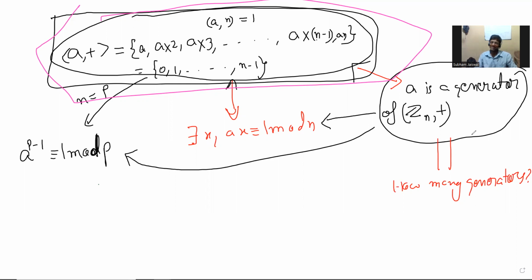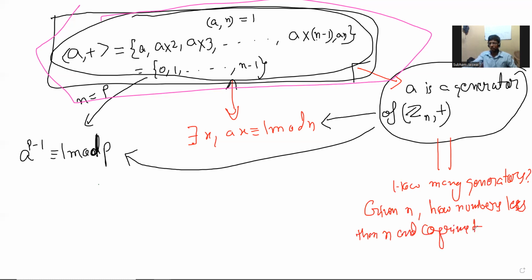For a number n, can you find a formula for how many generators? I'm just asking how many numbers are co-prime to n. That's all this question is, right? Given n, how many numbers less than n, otherwise they're infinite, and co-prime to n.